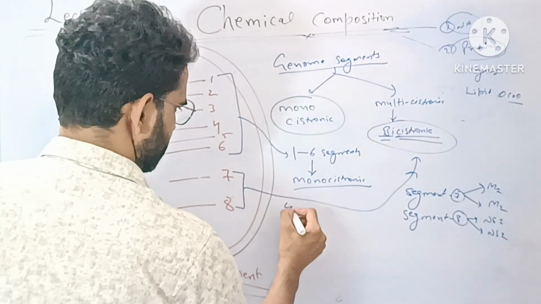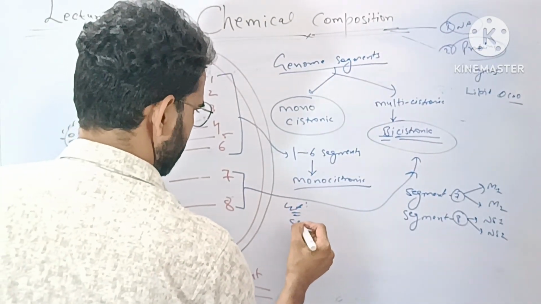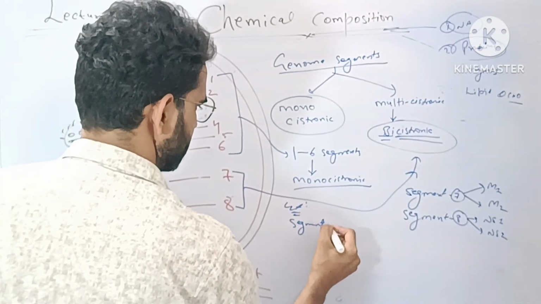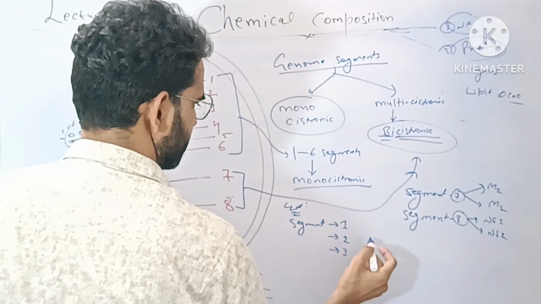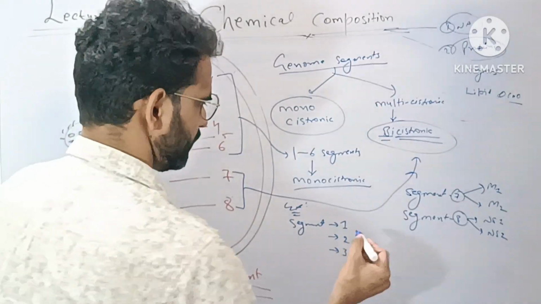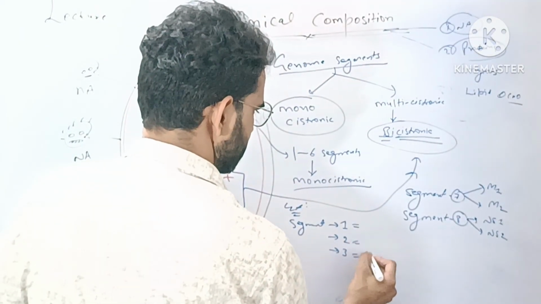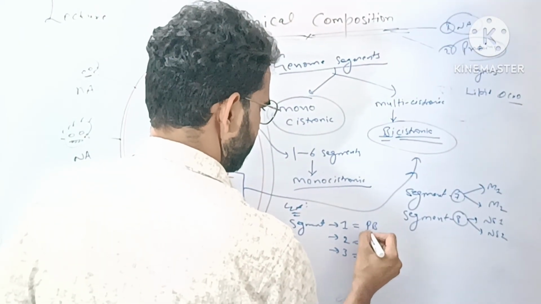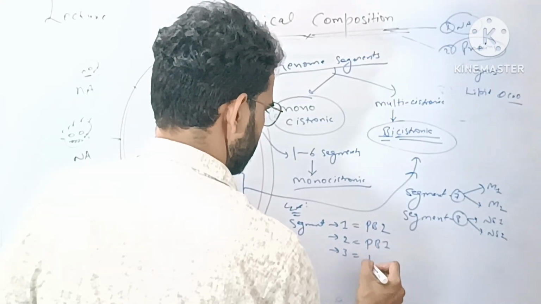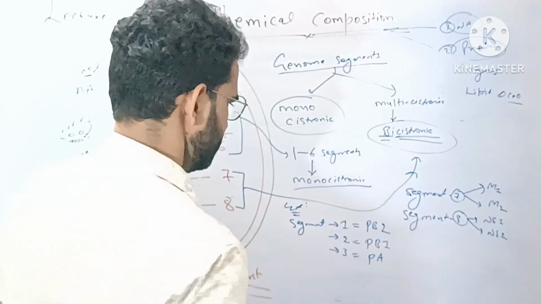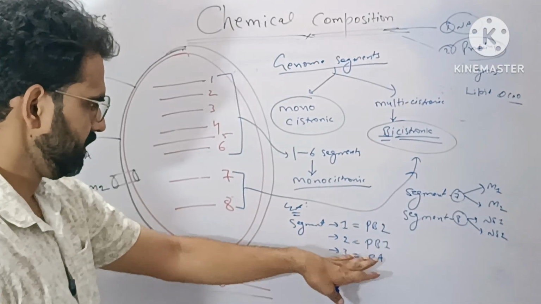For example, segments 1, 2, and 3 code for a single protein each. They code for polymerase basic 2, polymerase basic 1, polymerase acidic. So they code for one protein.